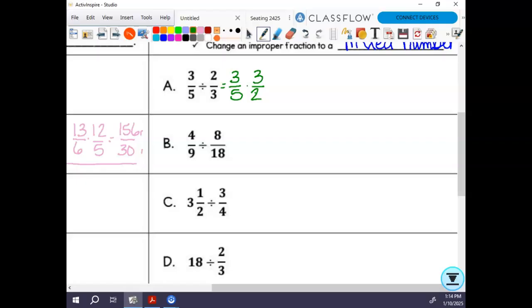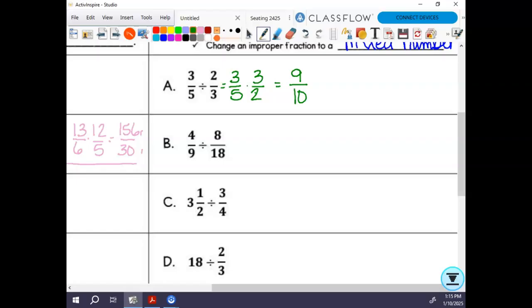Now I cross cancel if I can. I can't, right? 3 and 2 don't reduce, 3 and 5 don't reduce. So then I multiply straight across, and I get 9/10. Everybody good with that? Keep, change, flip. All right.